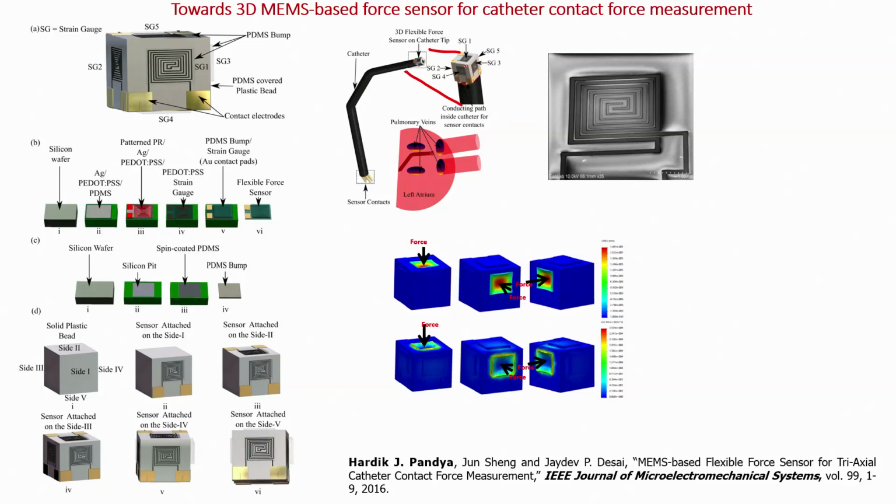There is a connection through the strain gauges that comes through the catheter. As you can see, the sensor contacts are at the tip of the catheter, and the other end of the catheter.